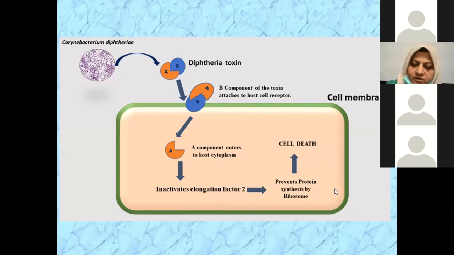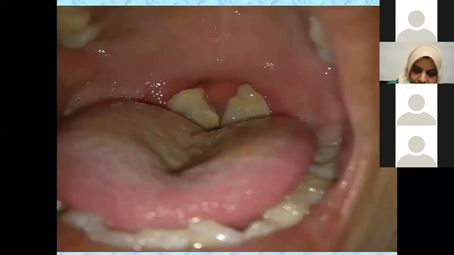And a lot of cells die and they become necrosed. And then this type of pseudomembrane in the throat can be seen. If the doctor tries to remove this membrane, it bleeds profusely, which is very dangerous. Now, what is this membrane? It is the collection of dead cell material, necrosed tissue.